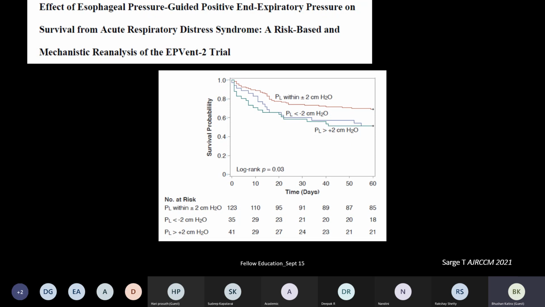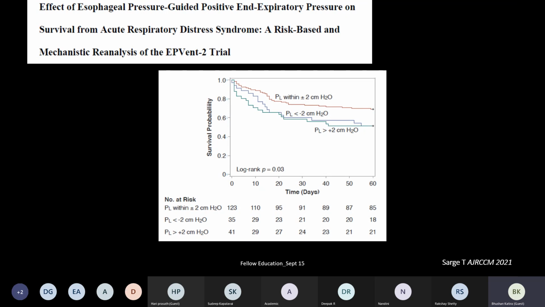One of the experiments that, for instance, Dr. Marcelo Amato, in one of his talks, was saying, if you take the lungs out of the chest wall from a pig, like just bring out a lung, and start inflating them with PEEP, the best PEEP at which the entire lung will inflate is just 2 centimeters of water, which is without the chest wall, which is basically the transpulmonary pressure applied to that lung, which is 2.